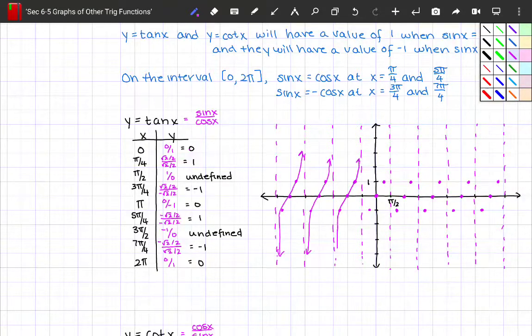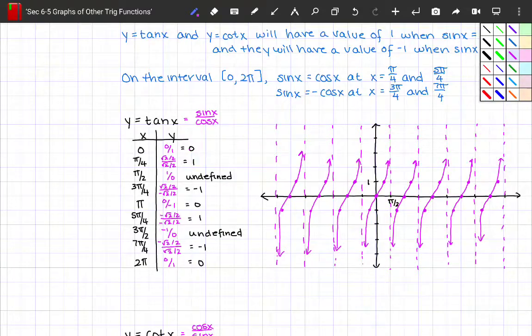Actually, this is all the tangent graphs. These are just separate branches of the tangent graph. And there we go. So there's your tangent graph right there.